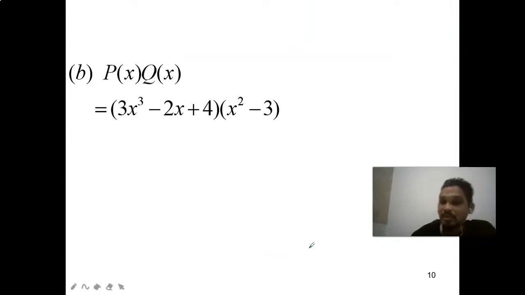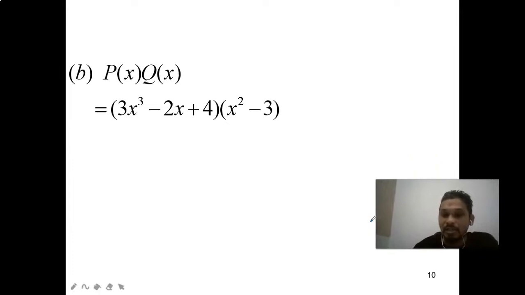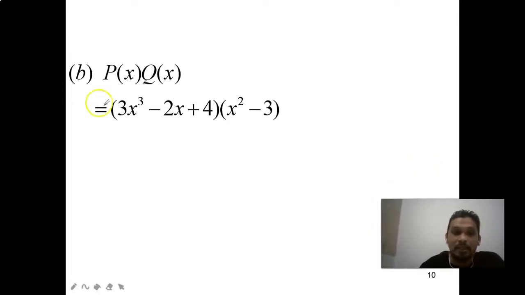And then, what about this one here now? For this example, the first is 3x cubed. We are going to multiply every single term in the first bracket with each term in the next bracket, the other side of the bracket here, x squared minus 3. So 3x cubed multiplied with x squared.